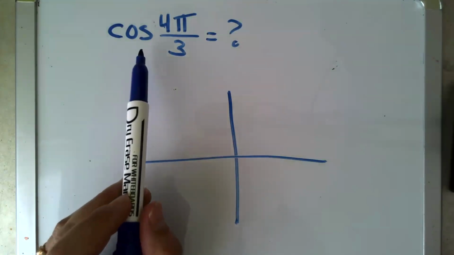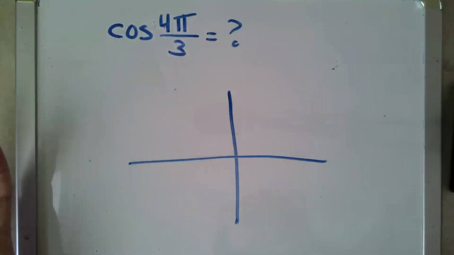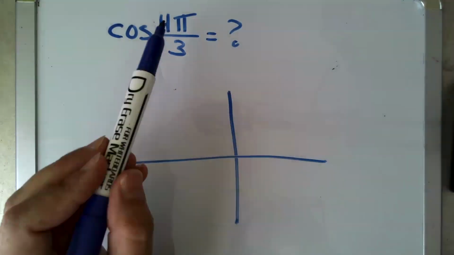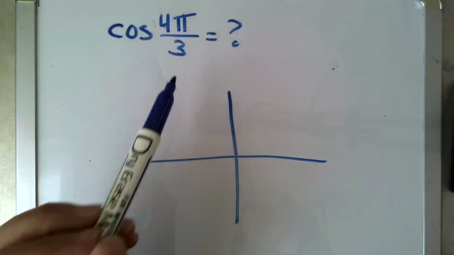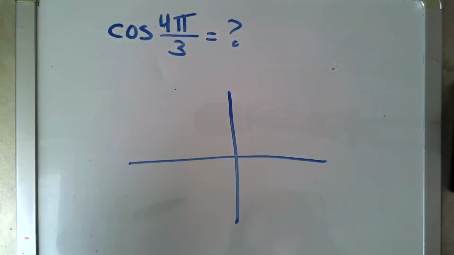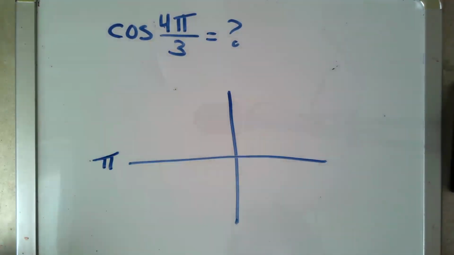Okay, let's find the cosine of 4 pi over 3. Step 1, let's figure out what quadrant it's in. All right, it is not in the first quadrant because 4 pi over 3 is more than a single pi, right? 3 pi over 3 would be 1 pi. That means it is also not in the second quadrant because right here is our 180 or our pi.